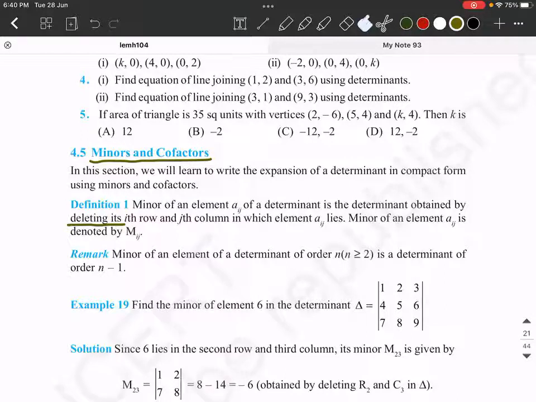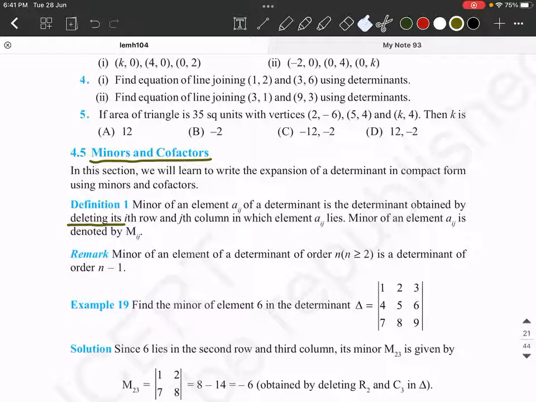Minor of an element Aij of a determinant is the determinant obtained by deleting its ith row and the jth column in which the element Aij lies.